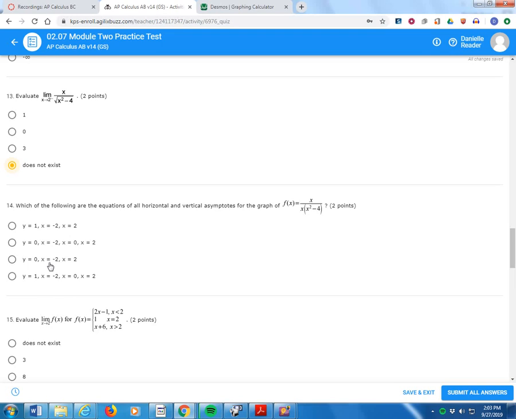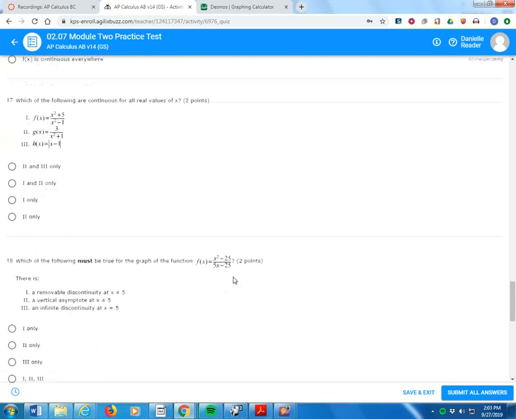There shouldn't be a 1 at x equals 0. That's not going to be an answer. So it's not this one, and it's not this one. So I'm down to these two. And I want the horizontal asymptote. Well, the degree on top is less than the degree on bottom, which tells me the horizontal asymptote happens at y equals 0. So it's this one here.